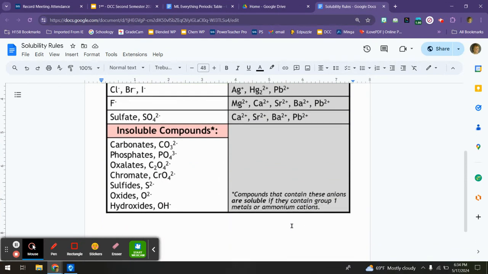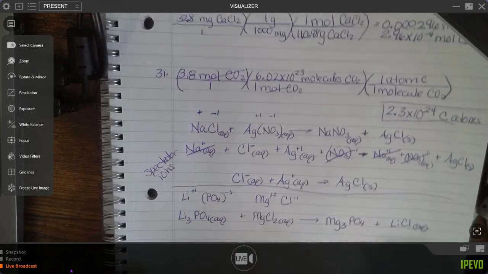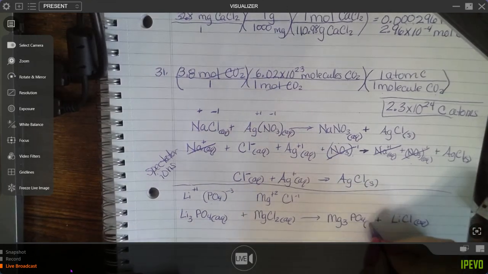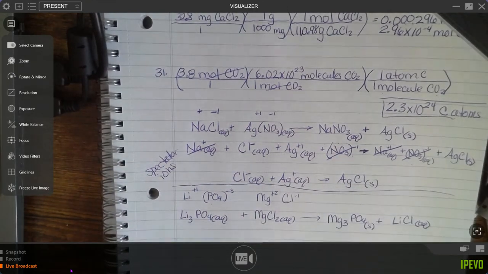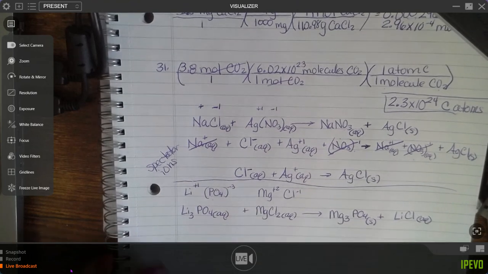So phosphates are always insoluble unless, and notice it says unless they have a group 1 metal, which we don't. So that means that our magnesium phosphate is going to be a solid.